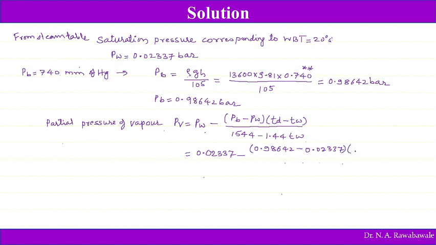Dry bulb temperature is 30, wet bulb temperature is 20, divided by 1544 minus 1.44 into TW. So the TW value is known to us.